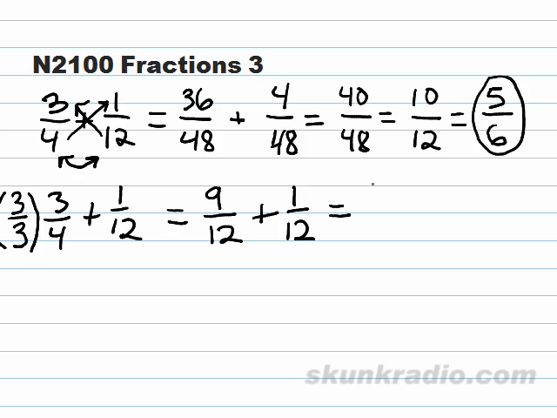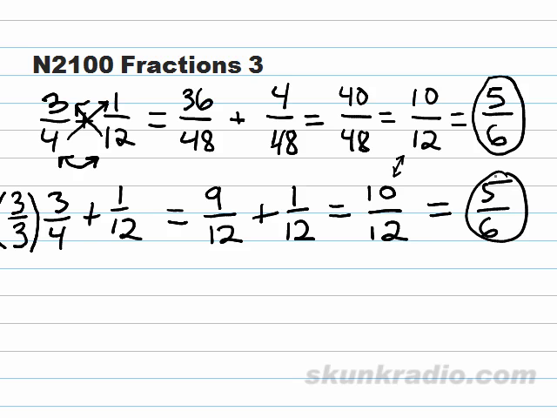So 9 plus 1 is 10, and the denominator stays the same. You can see I'm at the same point now as my previous problem when I used cross multiplication. And this can be simplified, of course, to 5/6. So we get the same answer.